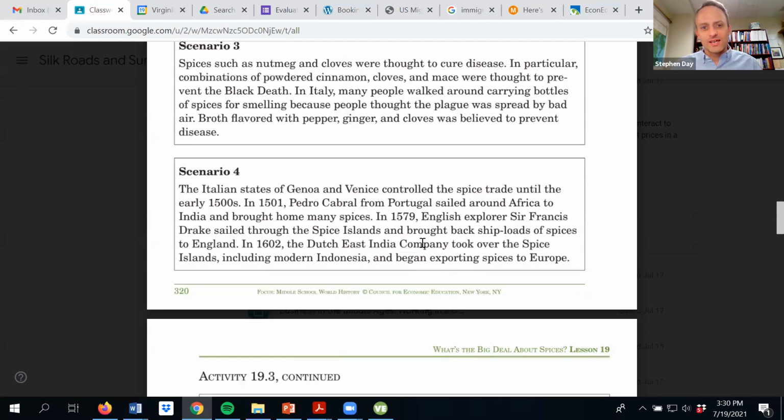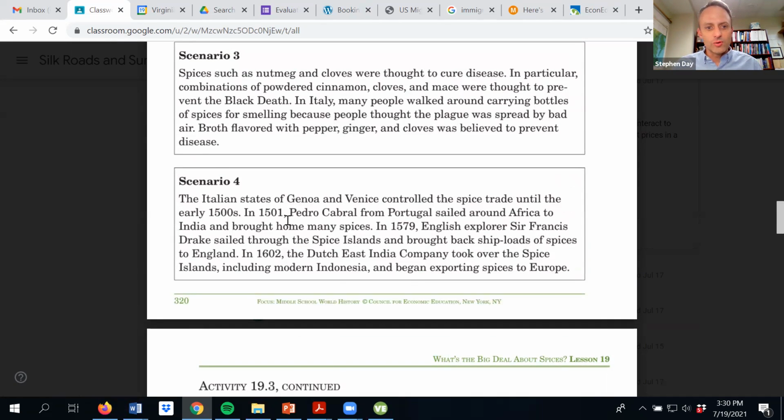What's fascinating about this is, in the 1500s, the Portuguese and English and Dutch are sailing around the world trying to get these spices and hauling them back, but they're finding out that it's prohibitively expensive, right? You're almost certainly going to lose most of your ships. You might get a shipload of the stuff back in, and it's just not very cost effective unless you can control the entire supply chain.